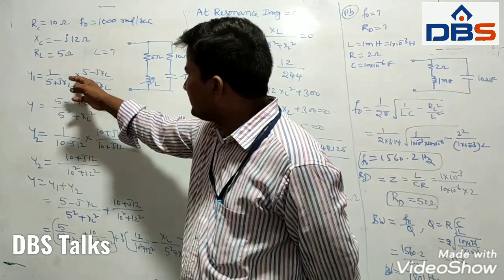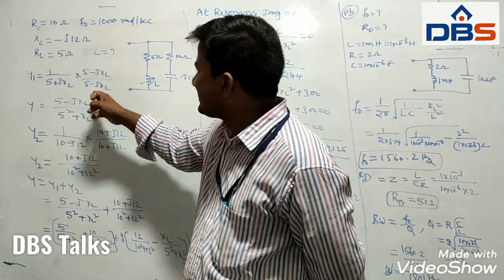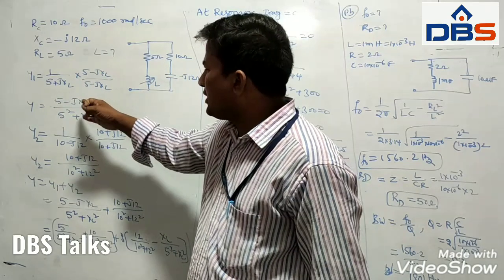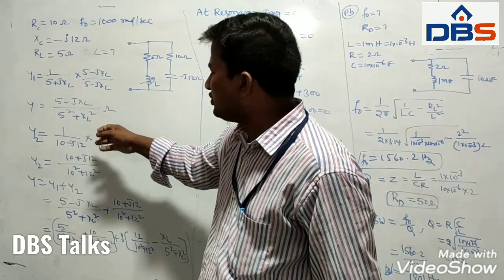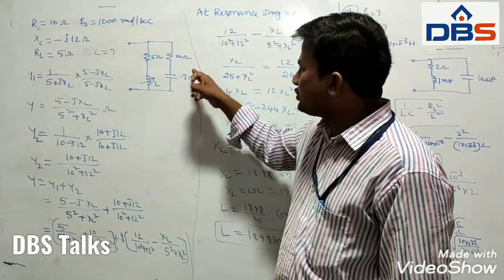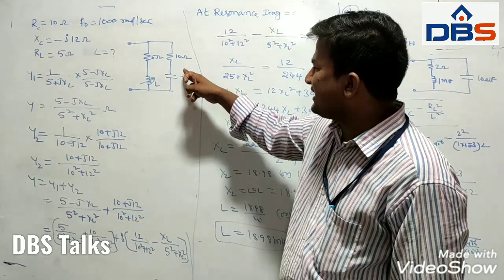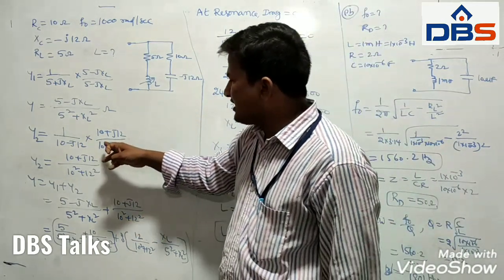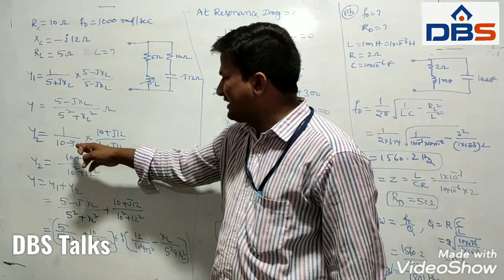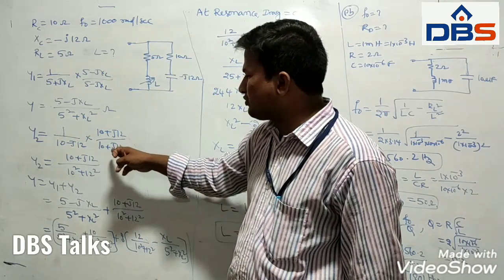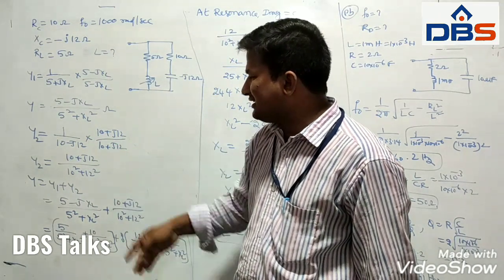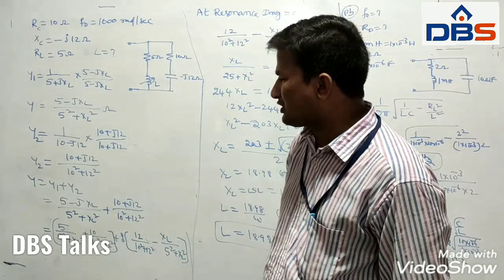Rationalizing, we get 5 minus jXL by 5 square plus XL square. Similarly for branch 2, Y2 equals 1 by Z2, that is 1 by 10 minus j12. Rationalize by multiplying by 10 plus j12, so we get 10 plus j12 by 10 square plus 12 square.